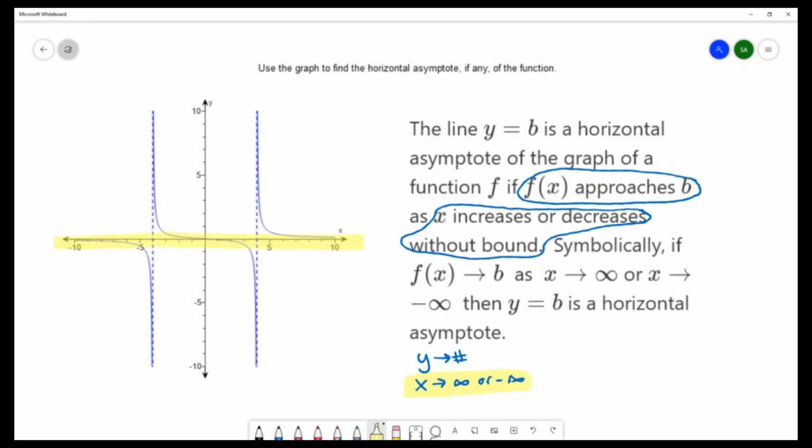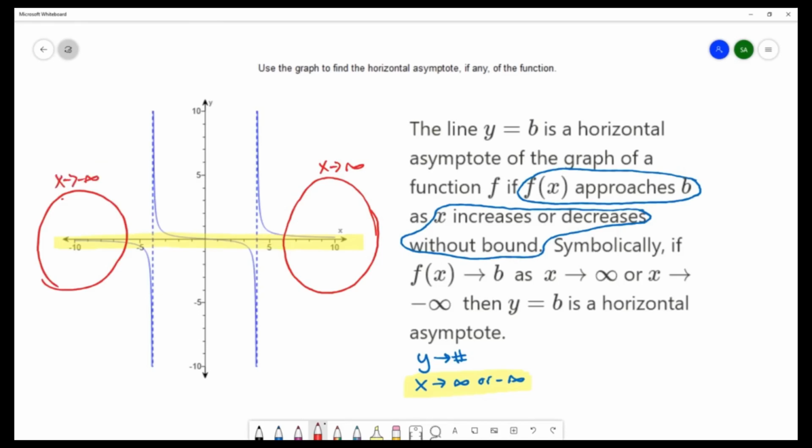And if x is approaching infinity or negative infinity, we're talking about this portion of the graph. This is where x is approaching infinity. And this portion of the graph is where x is approaching negative infinity. So this part of the definition is telling us where to look on the graph.